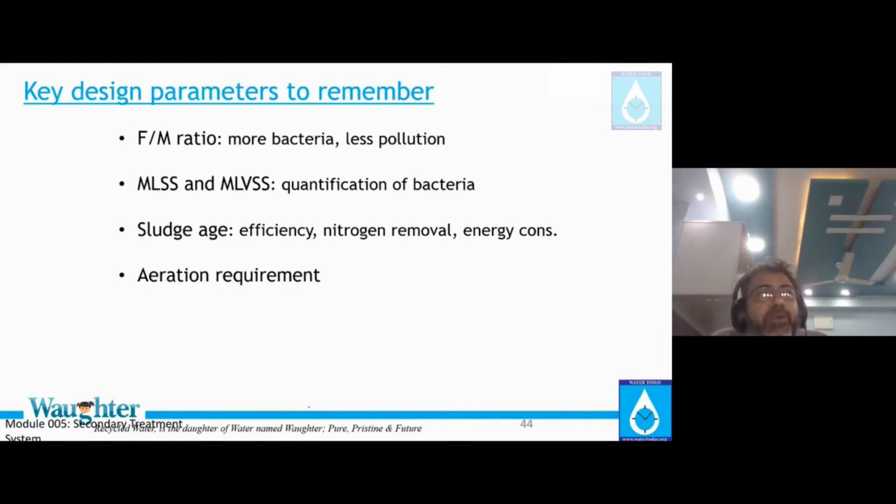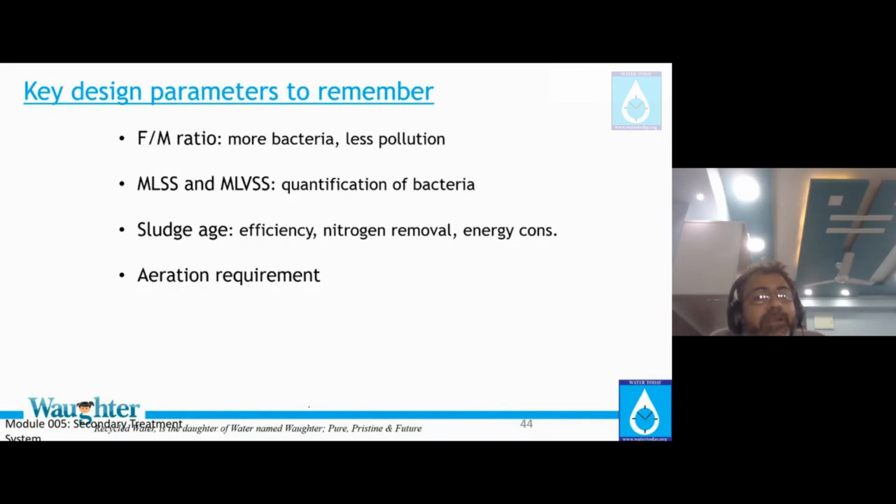That tells how many kilograms of bacteria are available. If MLSS goes down, MLVSS will also go down, right? There is a trend, and therefore your quantum of bacteria is going down. What is it affecting? It is affecting F by M, because M is the quantum of bacteria.